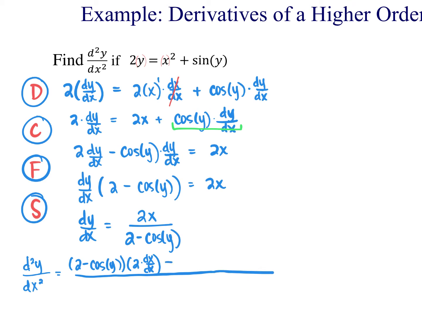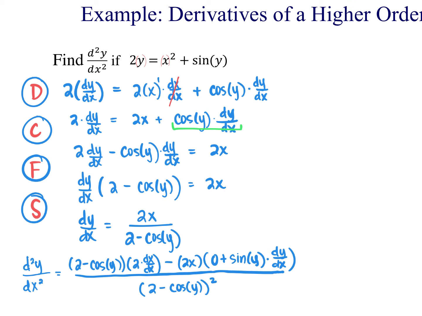And then minus our 2x, and then multiplying by 0 minus, plus the derivative of cosine is negative sine y times the chain rule of dy dx. Okay, just remember the prime part, low d high minus high d low, those derivative parts should always have a dx term. And then 2 minus the cosine of y, quantity squared.